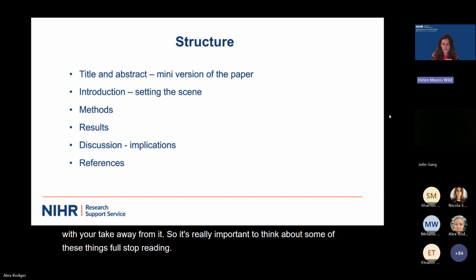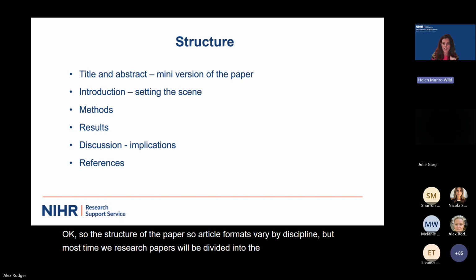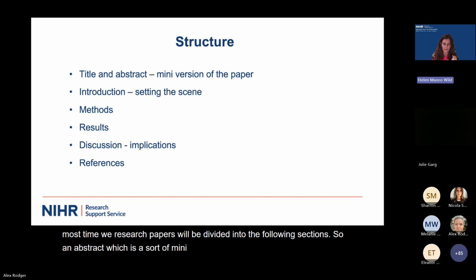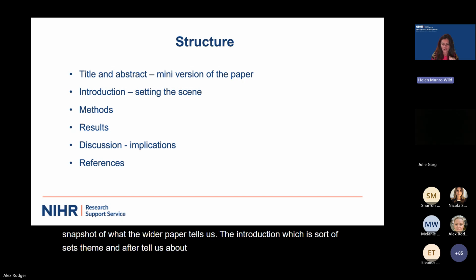Okay, so the structure of the paper. Article formats vary by discipline, but most primary research papers will be divided into the following sections. So an abstract, which is a mini version of the paper and gives you a snapshot of what the wider paper tells us. The introduction, which sets the scene and often tells us about the gap in current research.